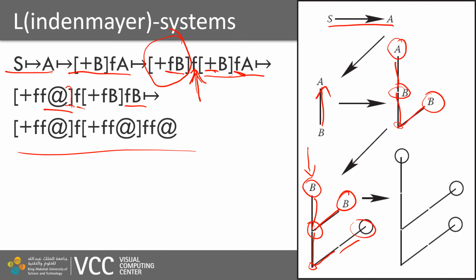And the very final iteration, where we just end up in the terminal symbols, will be the following one, where we have the F after the rotation, and then we have the draw circle, then we have one F up, and then again 60 degrees rotation and F circle, and then the last part is F, F, and circle.